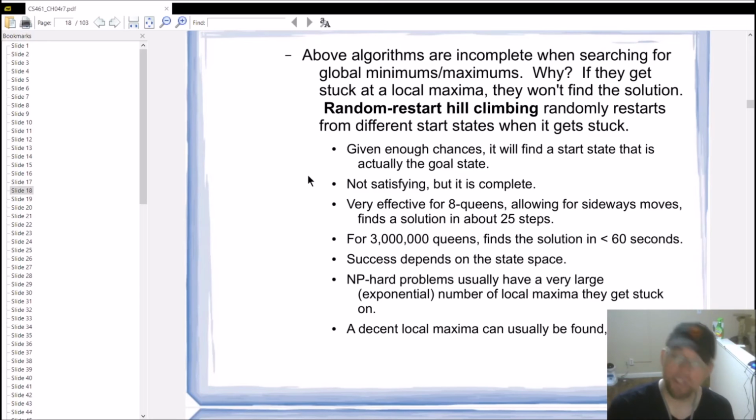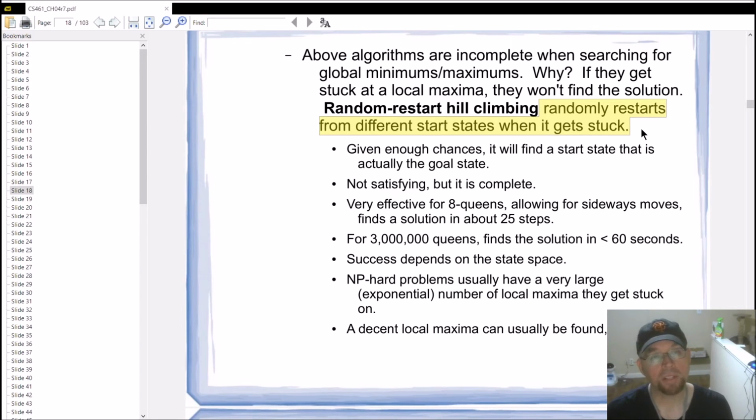Well, a variation of the hill climbing algorithm is the random restart hill climbing. So what this does is it'll randomly restart. Once you get stuck, once you hit a plateau and you can't move on, or you are at just a minimum, or a maximum, depending on how you look at it, then you could randomly generate a new initial node.